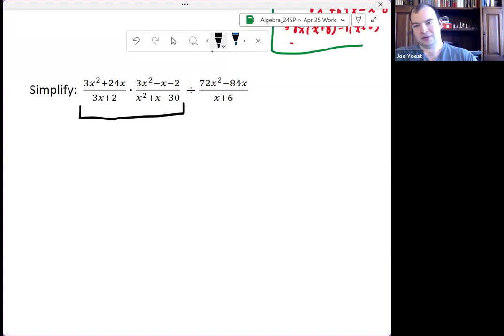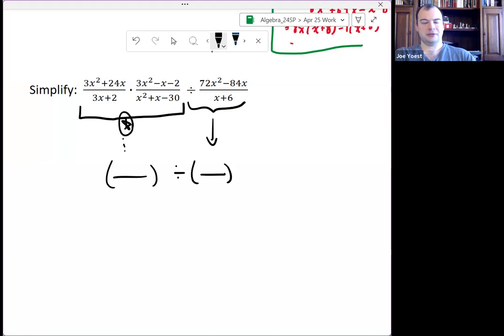But if you don't want to, you can start with these two rational expressions, these two fractions. You can forget about this piece here for the time being. Just look at these two, simplify them down to a single rational expression, and then tag on this second rational expression and go from there.